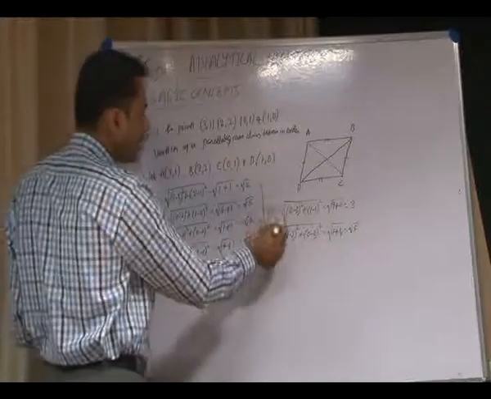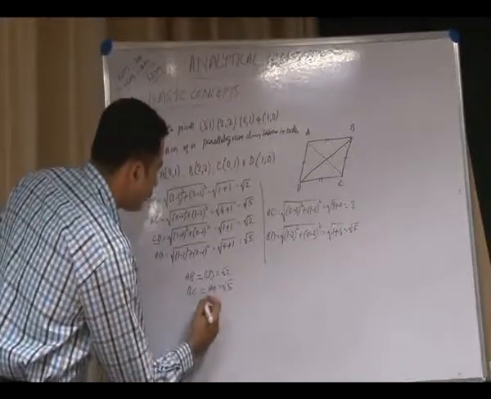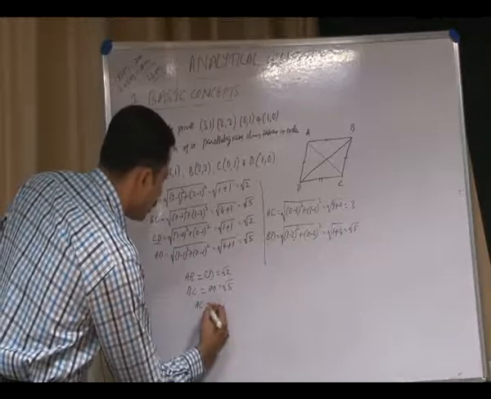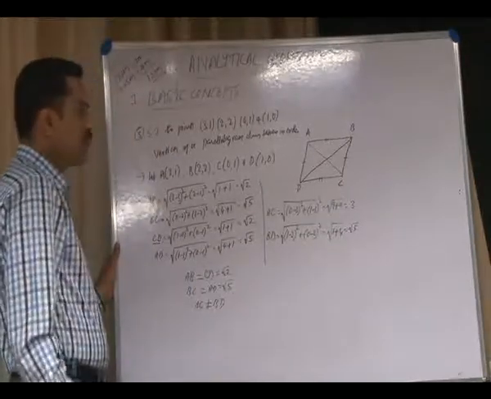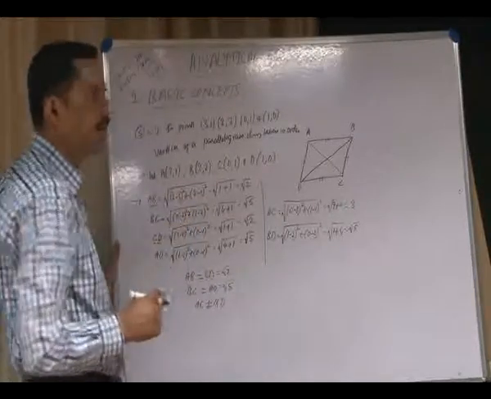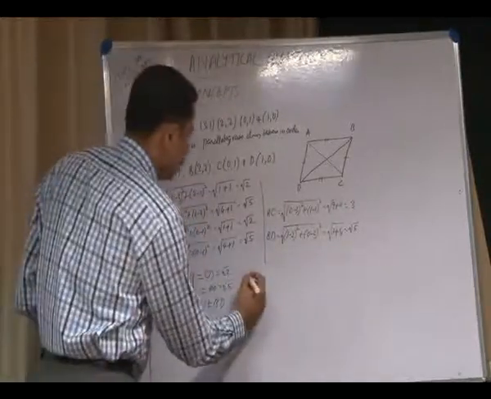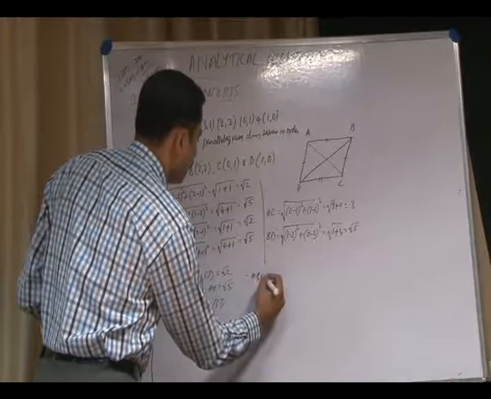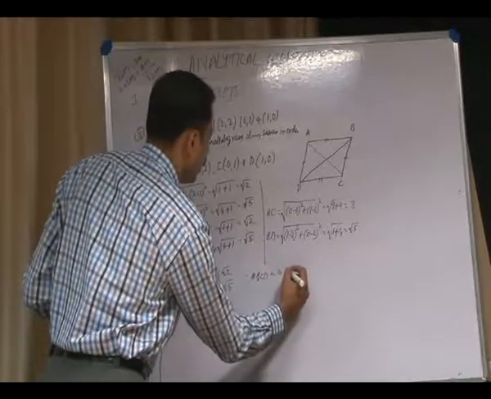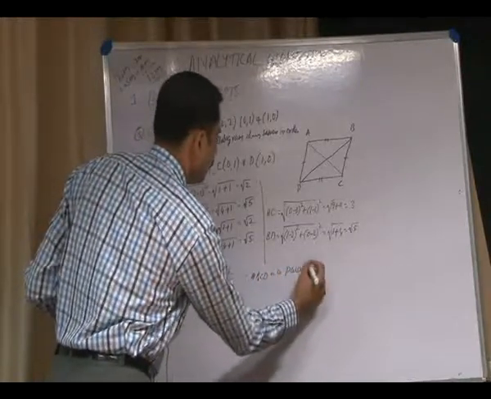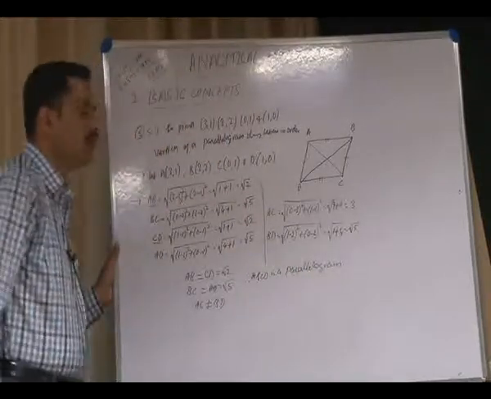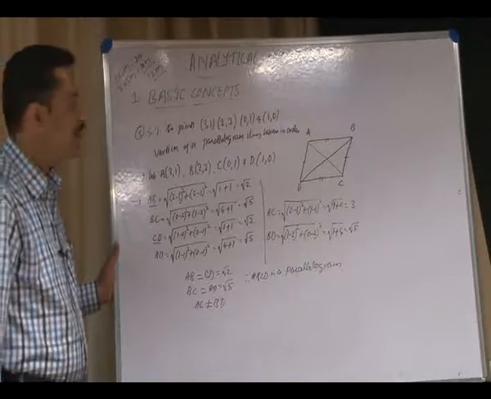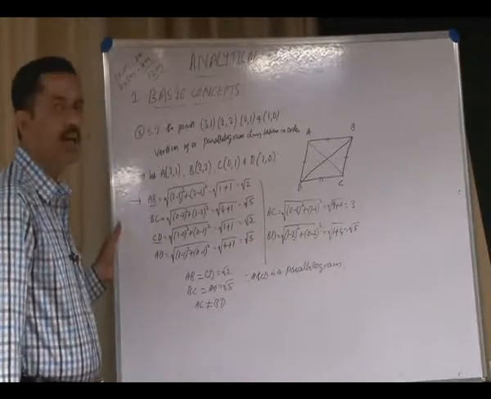Then the diagonals AC and BD are not equal, AC is not equal to BD. So that shows that these points form a parallelogram. Therefore ABCD is a parallelogram. So like this you can prove that these points are the vertices of a parallelogram.